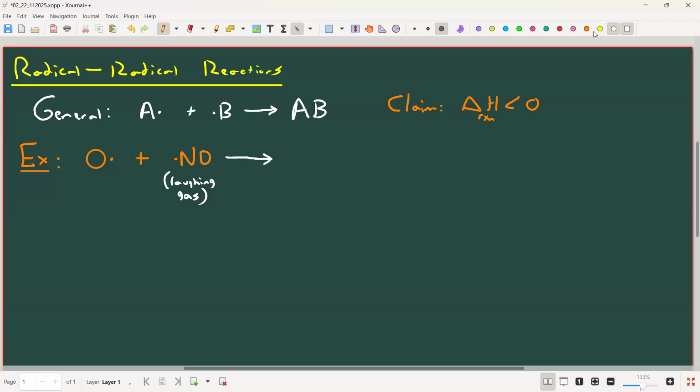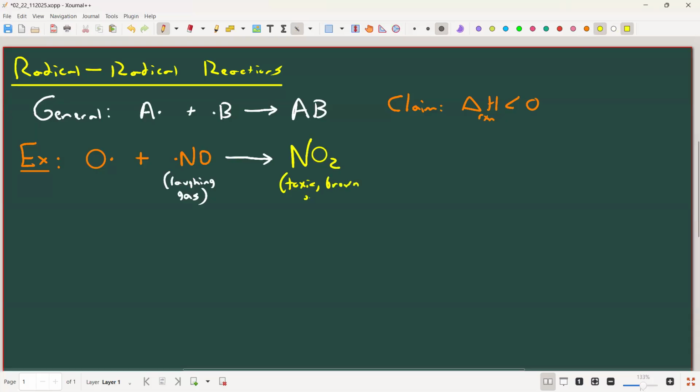And these combine readily to form NO2, nitrogen dioxide, which is a toxic brown gas. Oh, this also happens with O2. There's an additional step because you've got to break that oxygen apart to oxidize NO, but you can get a similar reaction with O2 and NO as well. It's a little slower.